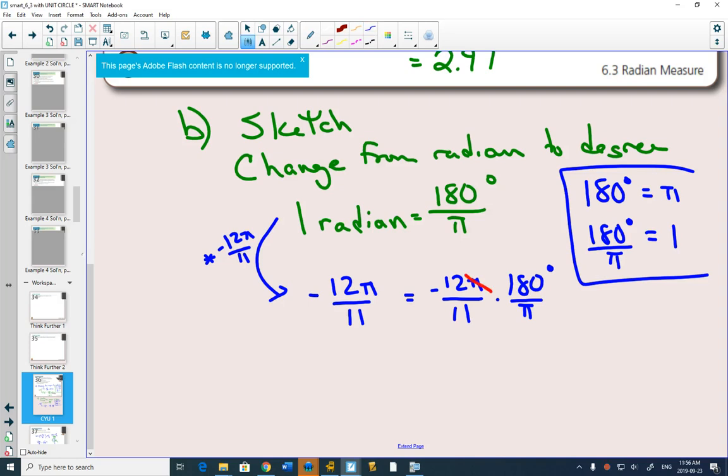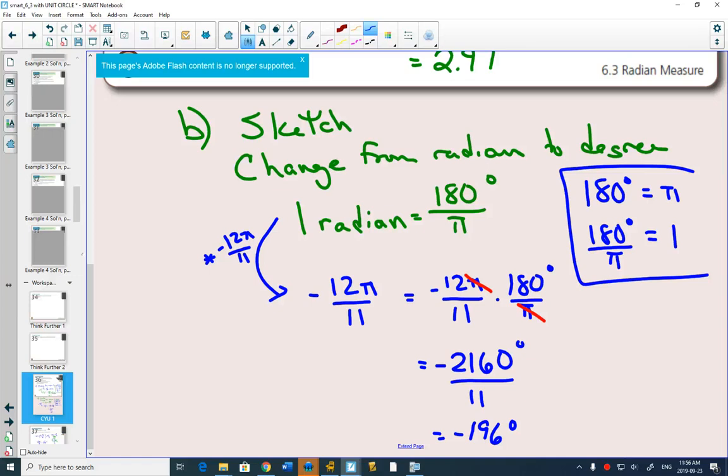Of course, something really nice happens with the pi's. They cancel out. 12 times 180, 2160. That would be an exact answer if I divided it by 11. Negative 196 degrees is probably easier for you to visualize. Can you visualize negative 196 degrees?